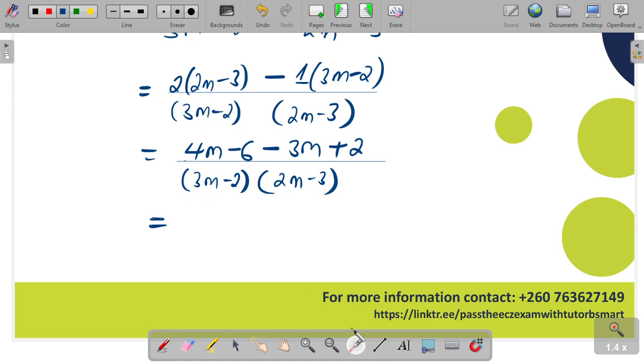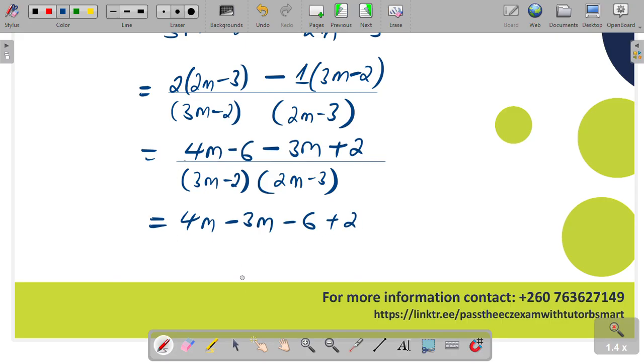We see that 4m and negative 3m are the same. So we write 4m, negative 3m. Negative 6 will be negative 6 plus 2.